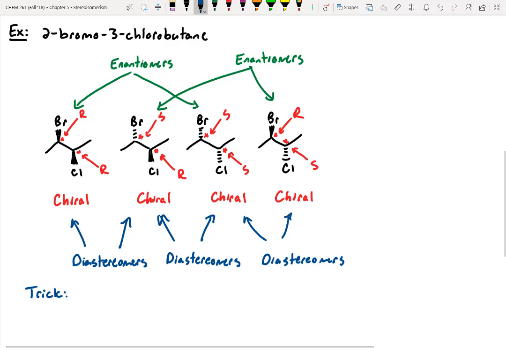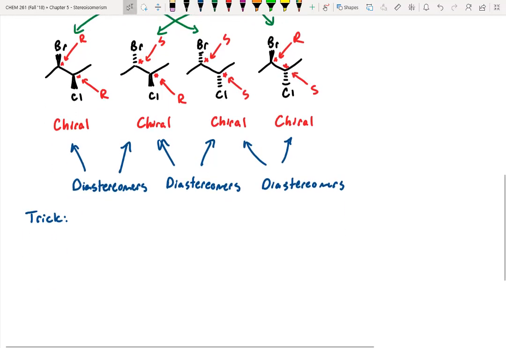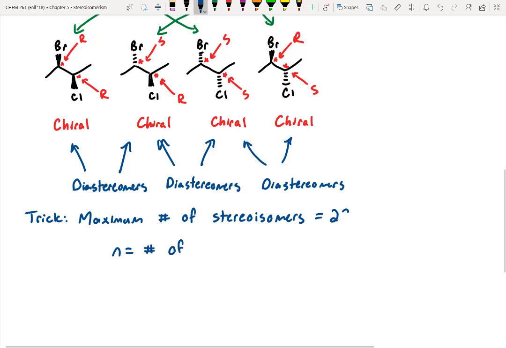So trick, I'm going to go up here. The maximum number of stereoisomers equals 2 to the n power, where n equals the number of stereocenters.